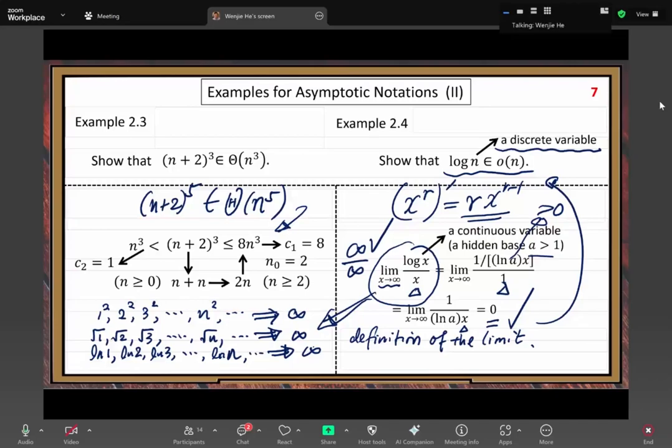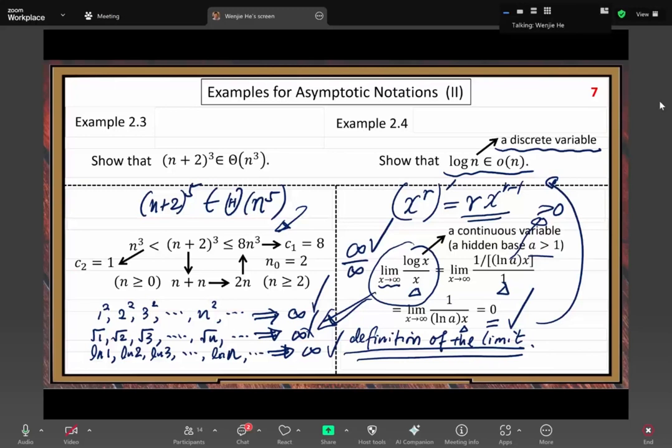Then, by the definition of the limit, any way is okay. Any of these ways, and you can have other ways. If the sequence approaches infinity, then it's legal. Any sequence that approaches infinity is legal for the x values taken in the limit.